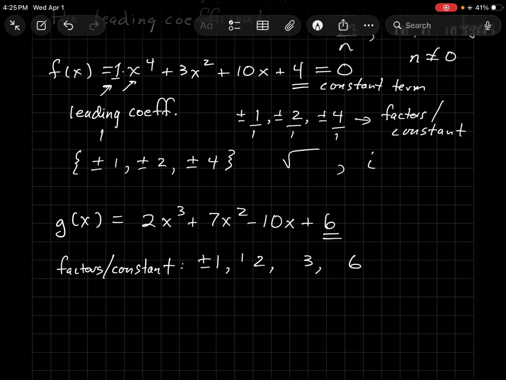Don't forget plus or minus. The factors of the leading coefficient, where my leading coefficient, the coefficient with the highest power, is 2. So the factors of the leading coefficient are 1 and 2. I don't need to do plus or minus. We already counted for those.